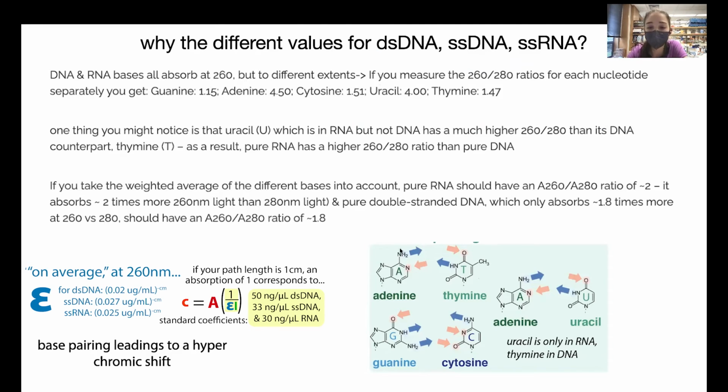Uracil is in RNA, but not DNA, and DNA has thymine instead. Uracil absorbs 260 better, so it's going to bump up the absorbance. And so this is coming into account.